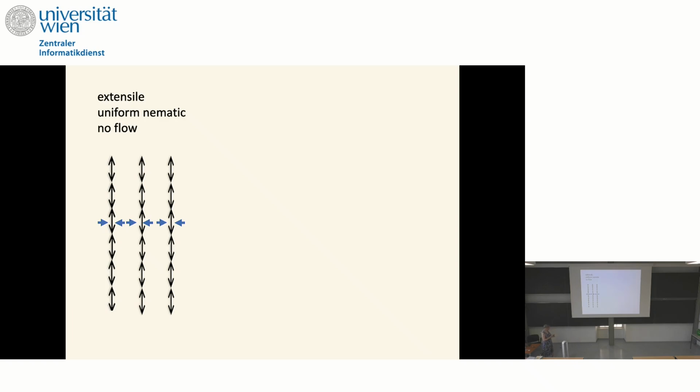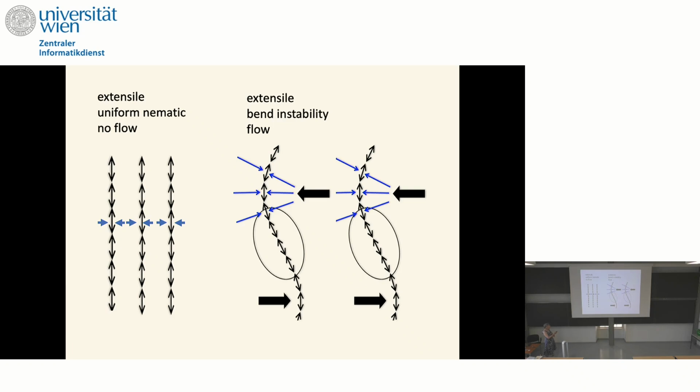Then what happens is a tiny fluctuation. A tiny fluctuation means that I have a small bend fluctuation in the nematic system. And let me draw the flows. What you can see is that these arrows are slightly more dense than those arrows, which is a pictorial way of saying there's a net flow in this direction there, and a net flow in this direction down here.